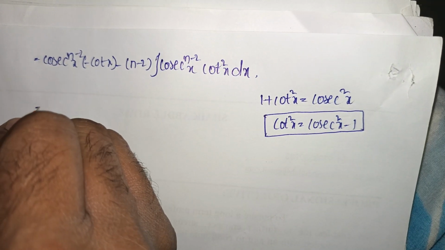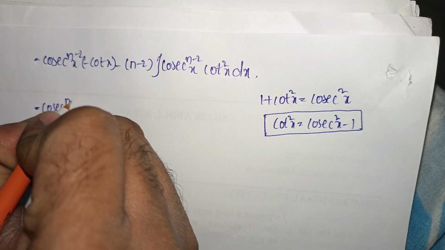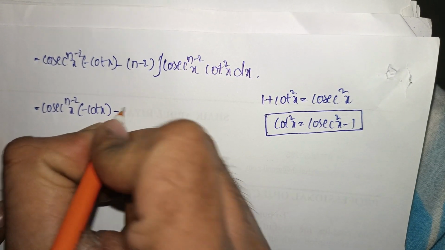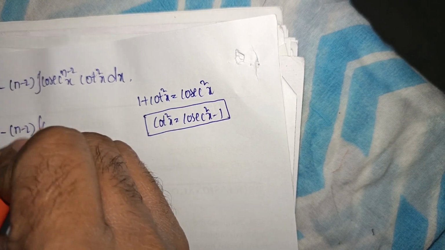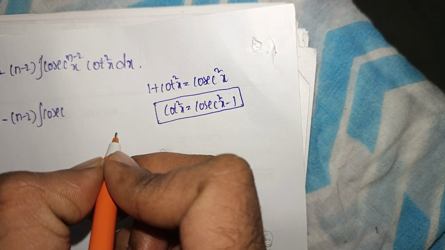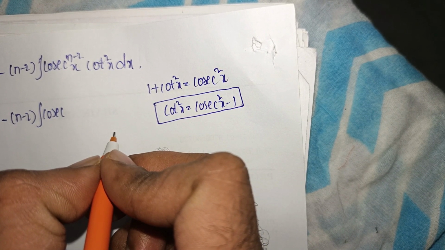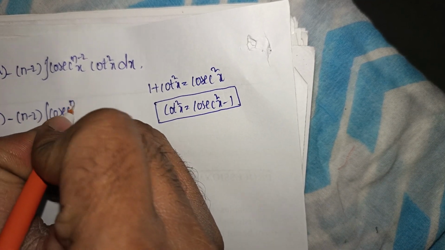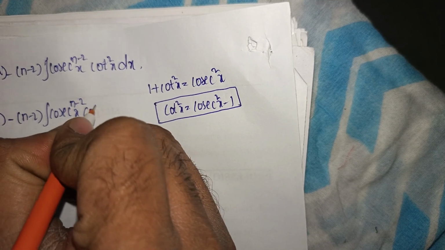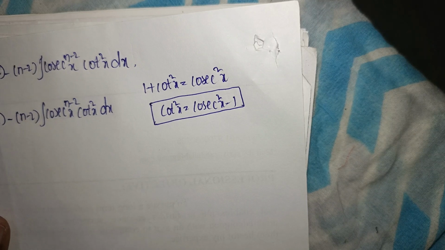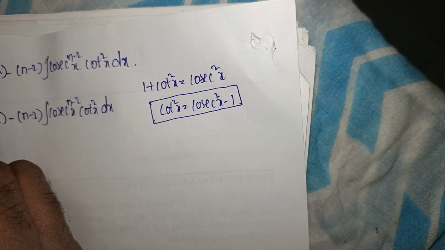Now let's continue. Cosecant to the power of n minus 2 x into minus cot x minus of n minus 2 integration of cosecant to the power of n minus 2 x cot square x dx. Sorry, I forgot to write cosecant square x minus 1 instead of cot square x.